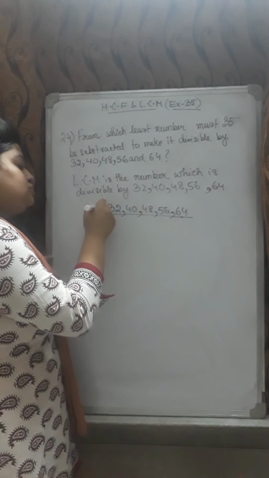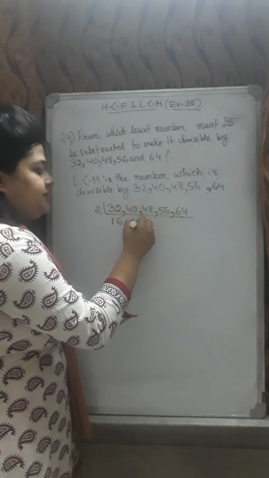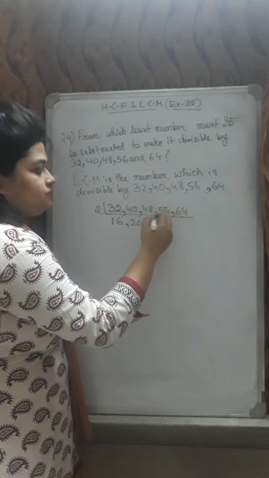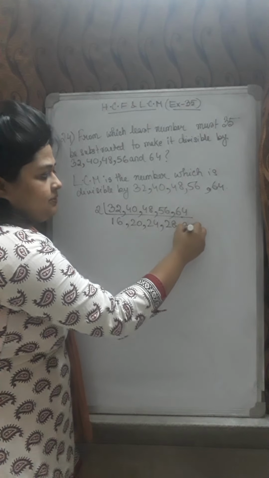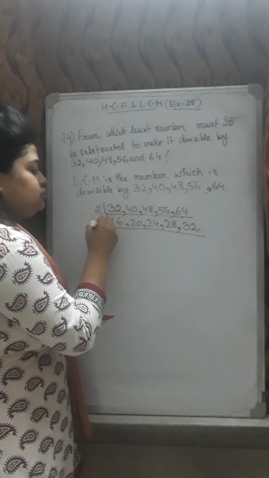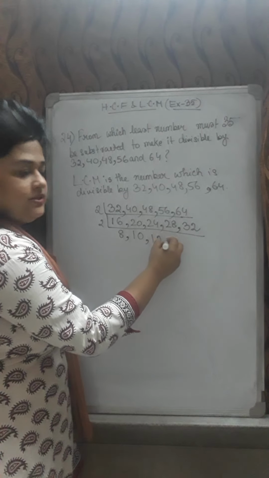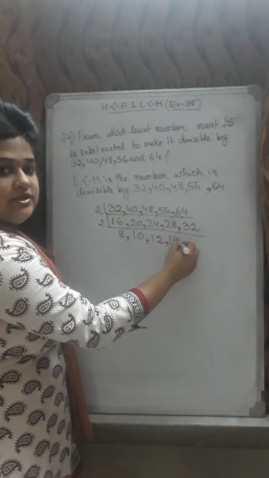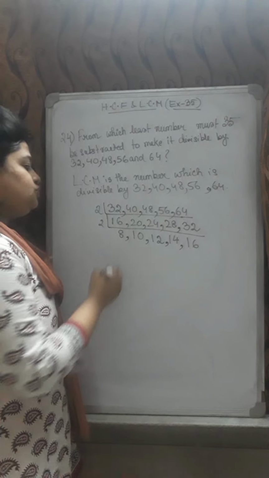See, 2 1s are 2, 2 6s are 12, 2 20s are 40, 2 4s are 48, 2 8s are 56, 2 2s are 32. Again with 2, 2 8s are 16, 2 10s are 20, 2 12s are 24, 2 14s are 28, 2 16s are 32.